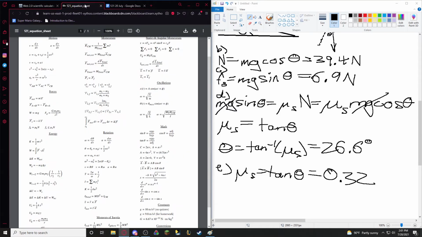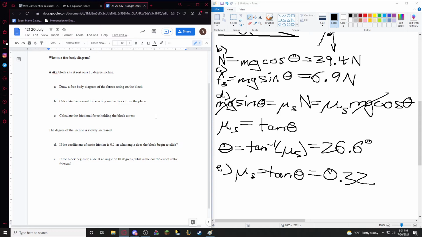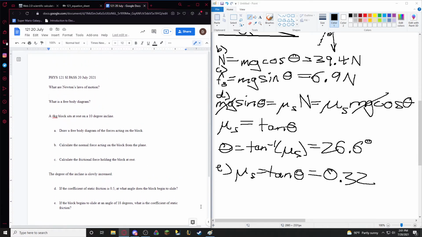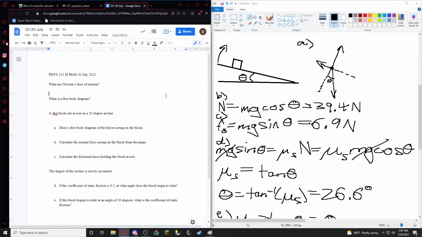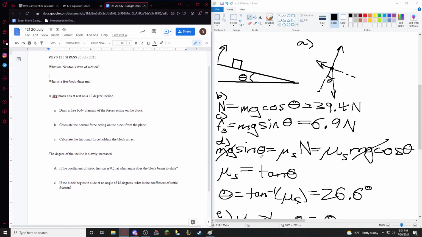So boom, that's pretty much it. That's pretty much all you'd need to know for any inclined plane, block, coefficient of static friction, then it begins to slide and all this stuff. I actually don't have any examples prepped, but we can make one up on the fly.